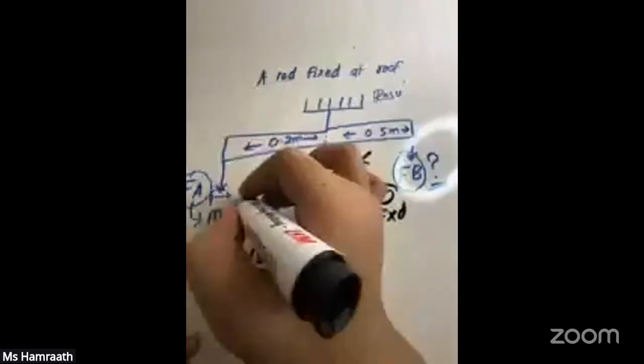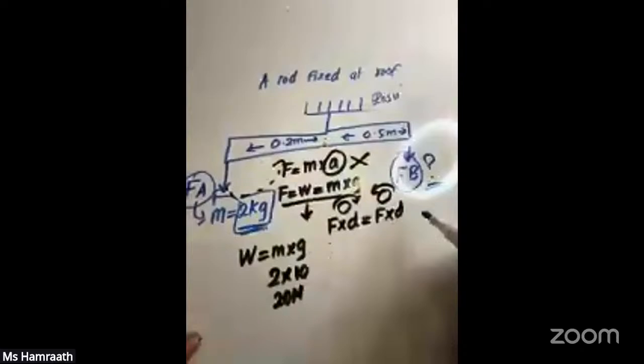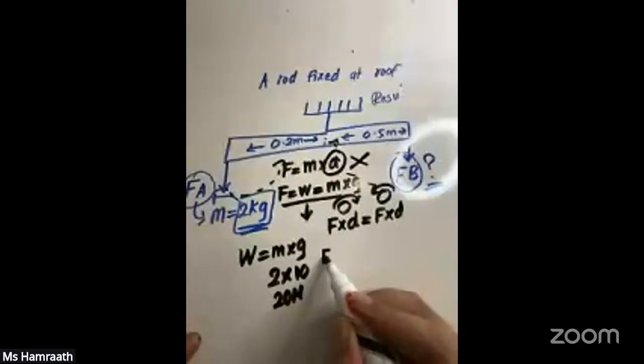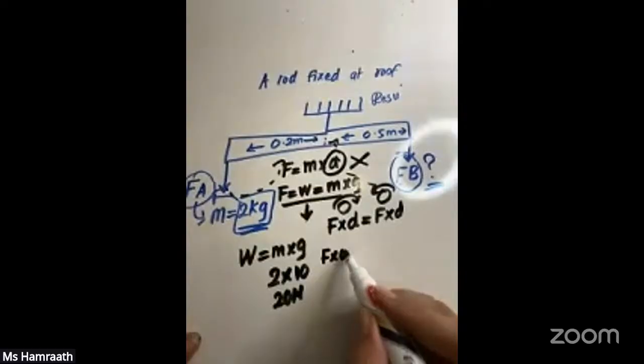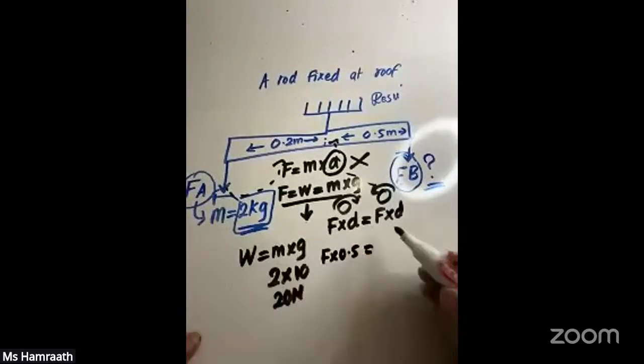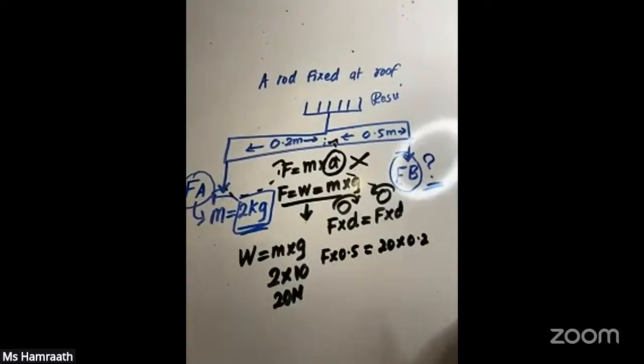This is the anti-clockwise moment, and this is the clockwise moment. For the clockwise moment, we don't know the force: force into distance 0.5 equals the force we found, 20, into 0.2. So 20 into 0.2.